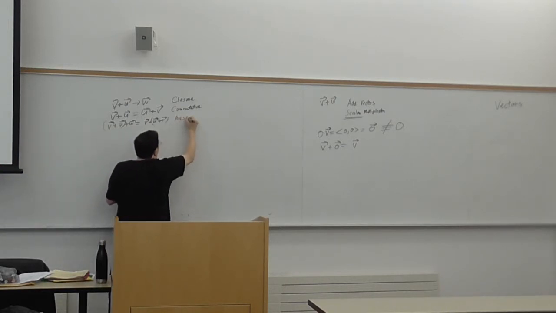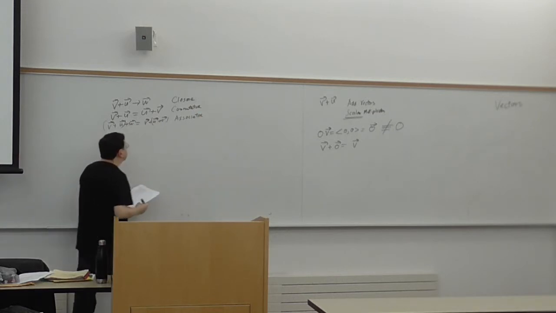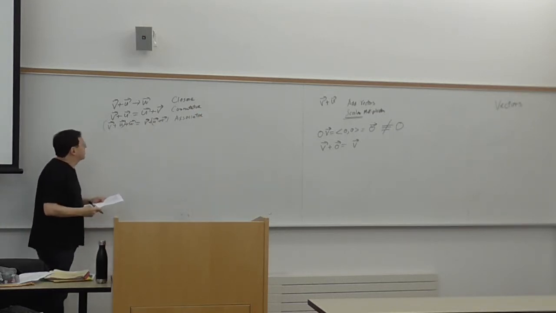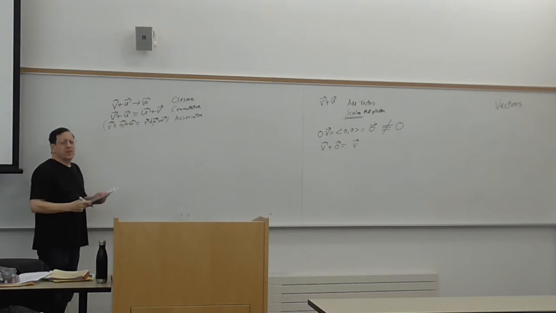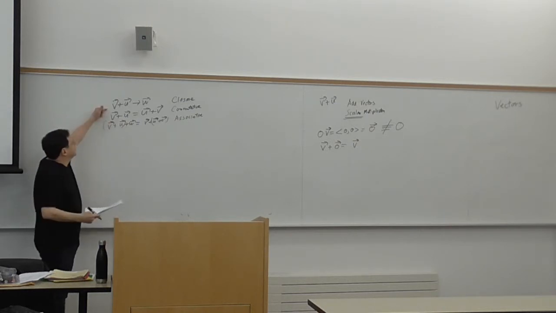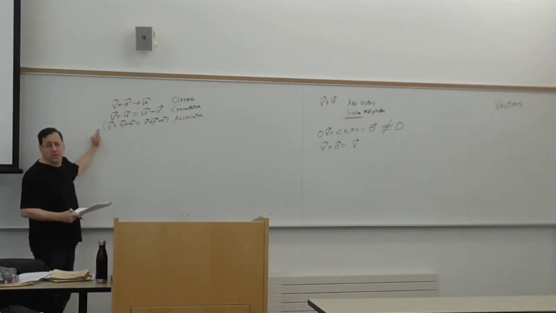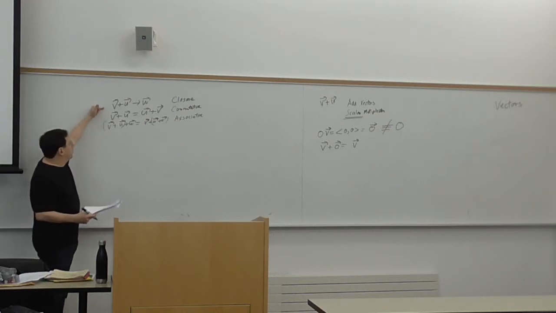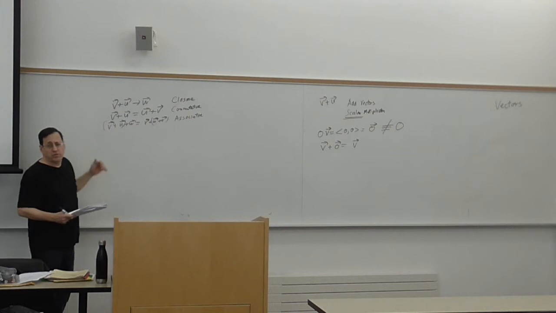That's the associative property. Given more time, we could actually prove these. The obvious way is to use the component form, because then these properties of vectors look like properties of numbers, properties of components.